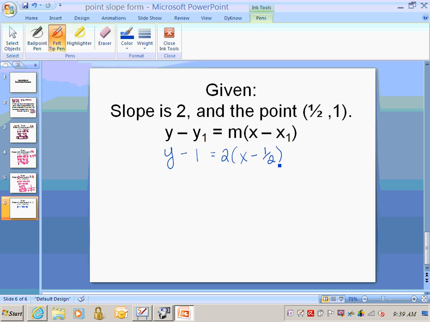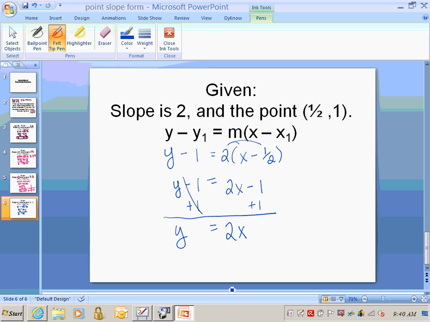Then I need to distribute. So I have y minus 1 equals 2x minus 1. Good. Then add 1. So I've got y equals 2x.